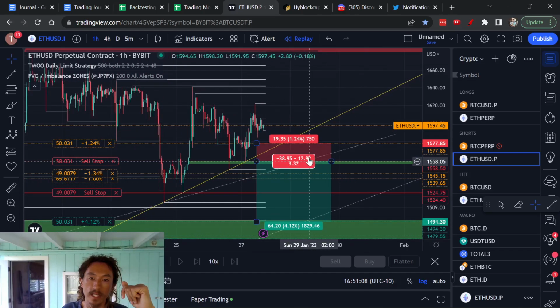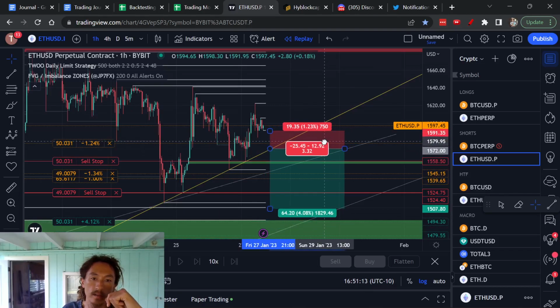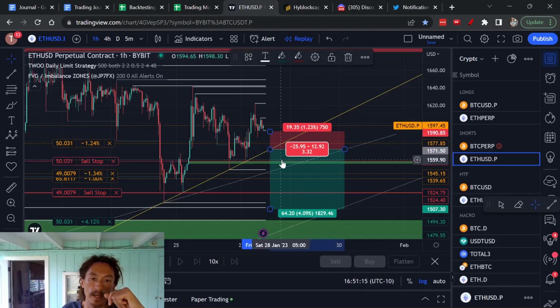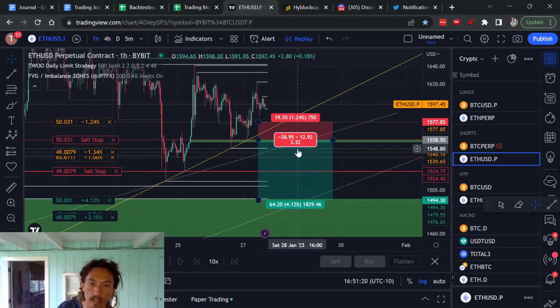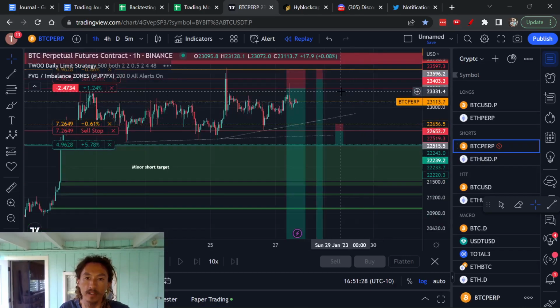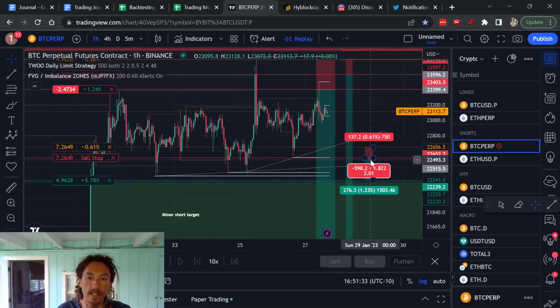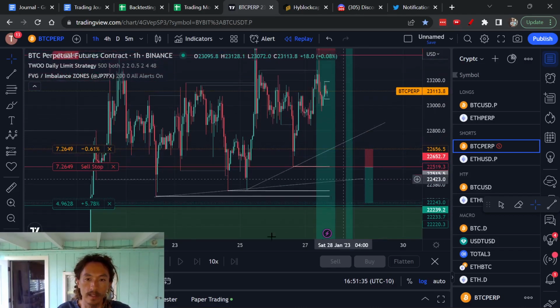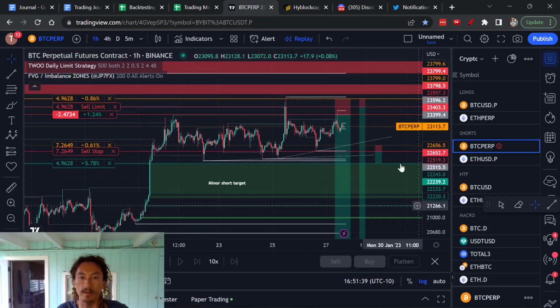I might be interested in raising this, but I think using this wick is a good place to do my entry. So we can stick with that. At these Bitcoin shorts, I'm not interested in a breakdown. I guess I do have a small breakdown on Bitcoin, but again, I'm trying these quick exits, which might steer the math in my favor.